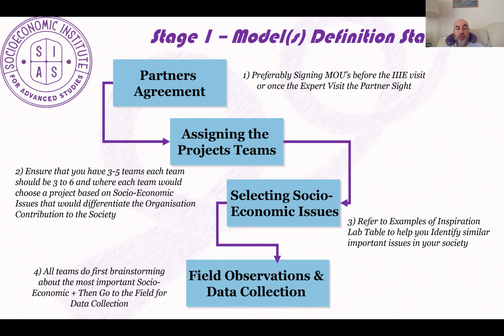Now, usually we talk about stage one. Stage one is about the model definition stage. In this model definition stage, we get partner agreement, preferably signing, for example, an MOU with an NGO, and visiting the partner site through the Inspiration Economy expert, and then assigning the project teams.